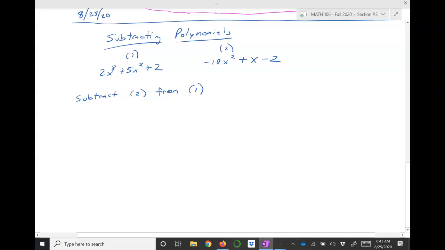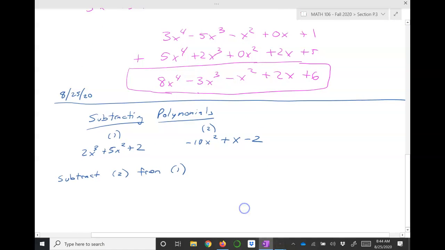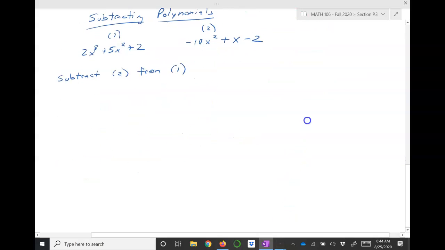Which means I'm going to do a very similar process to this pink-purple example you see up on the screen, just with subtraction. So the first polynomial I'm going to put there is the one that's labeled number 1, and subtract 2 from 1, because I'm taking the second one away from 1. So here's the first one. So it's 2x cubed. Now let's see.